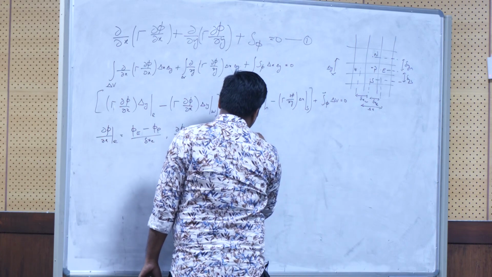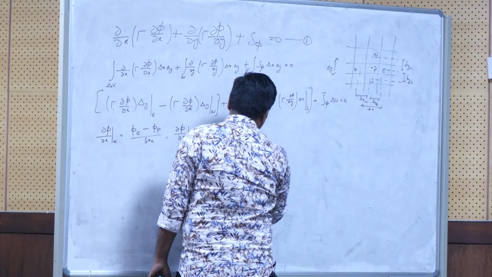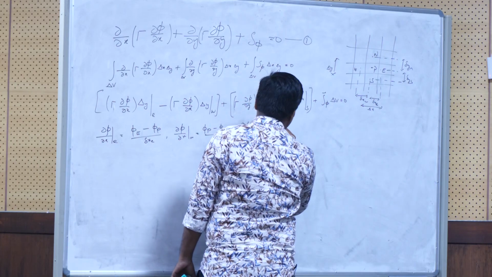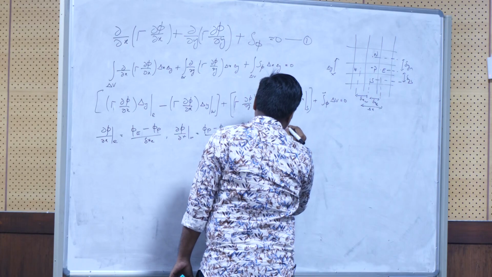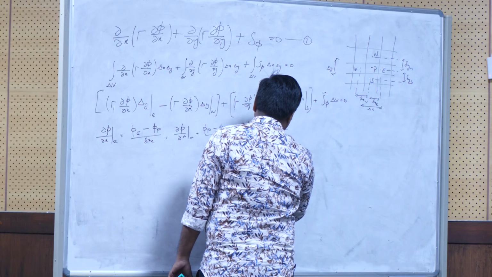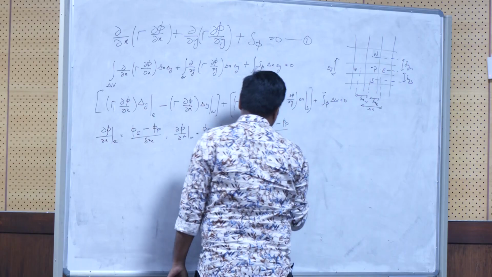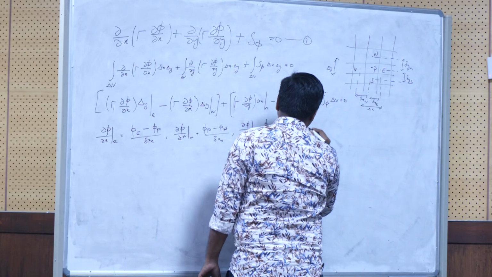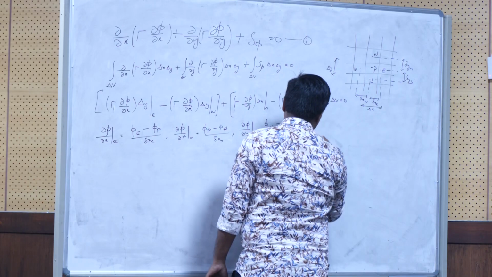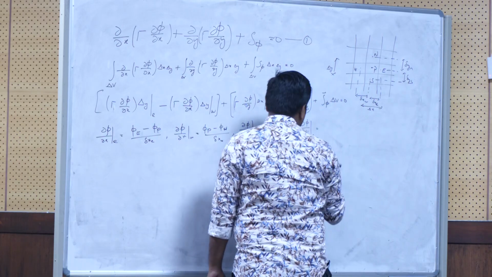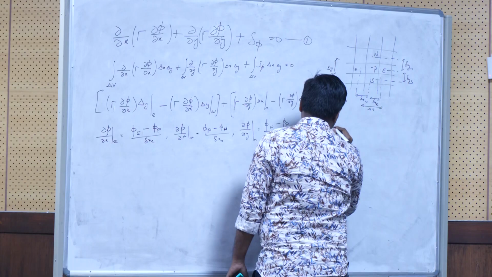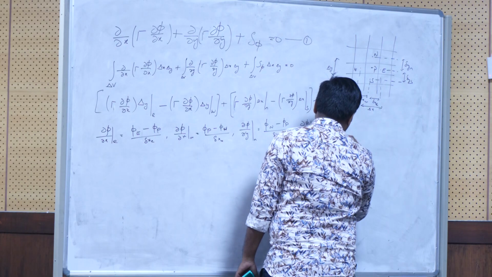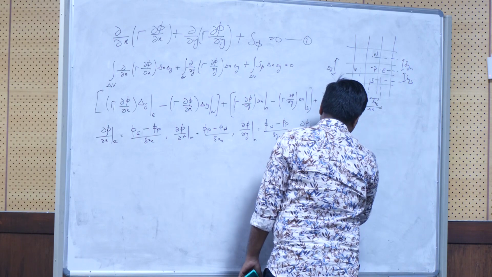Dou phi by dou y at n, phi n minus phi p over del y n. Dou phi by dou y at s, phi p minus phi s divided by del y s.